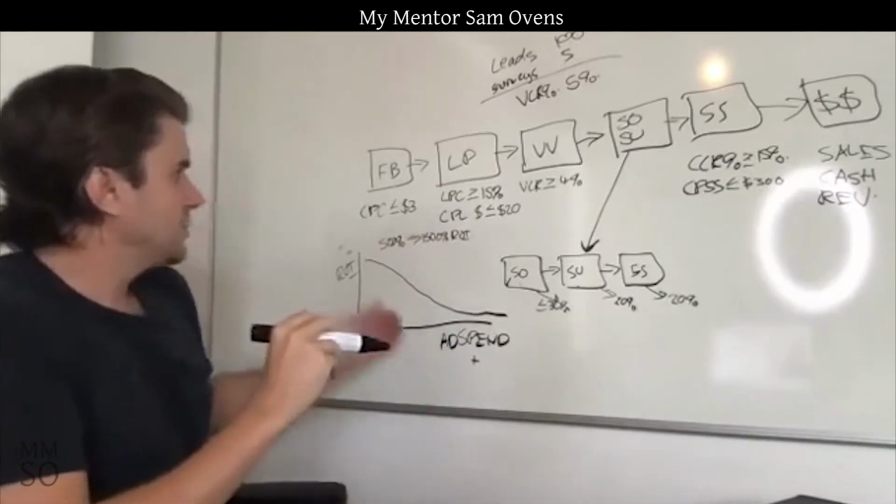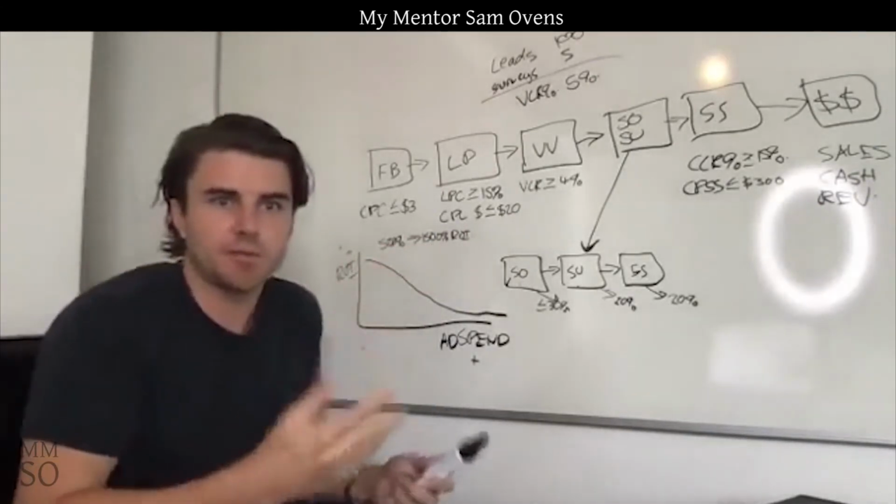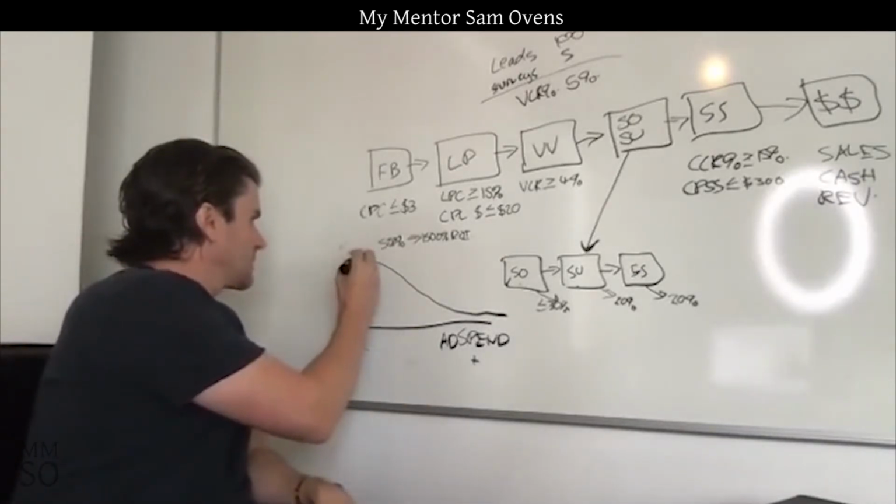So if you spend $1, you could make $15. You spend $1,000, you could make $15,000. That happens at smaller scales, right?